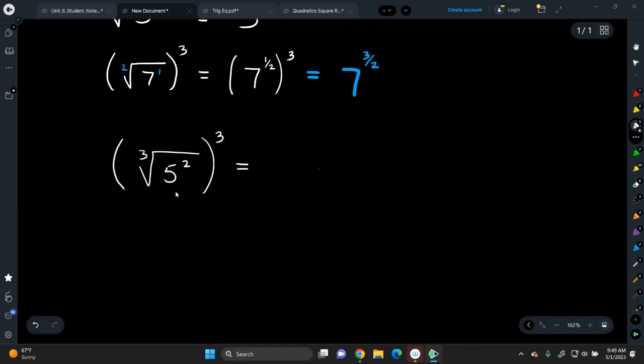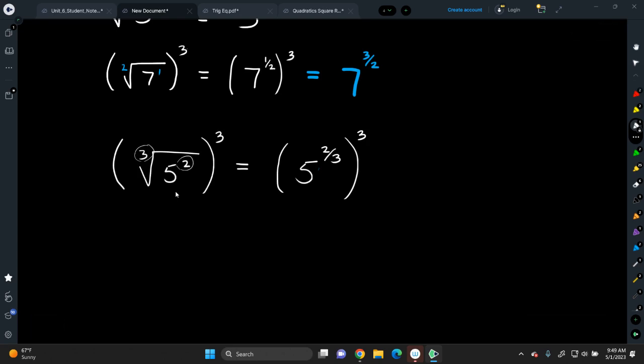It's scary looking. What do we do with that cube root of 5 squared inside? How do I change that? 5 to the 2/3. Good. The number inside, that goes on the top. The number outside, that goes on the bottom. And then we're to the third.